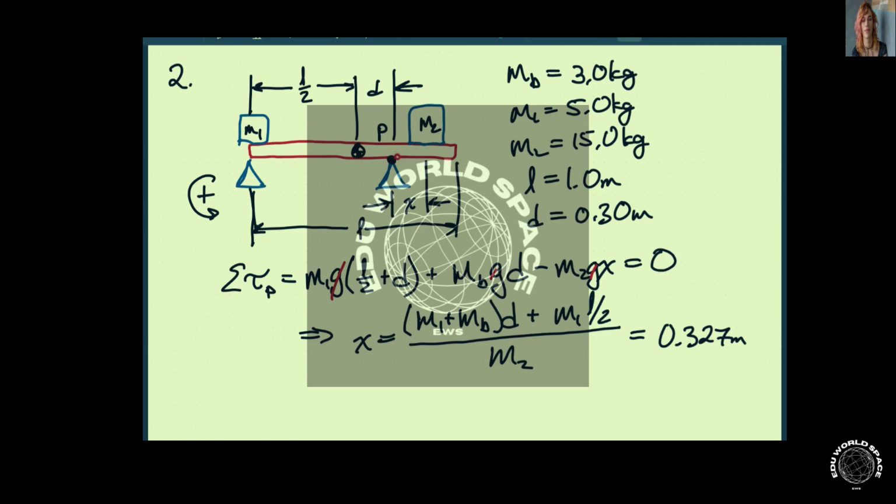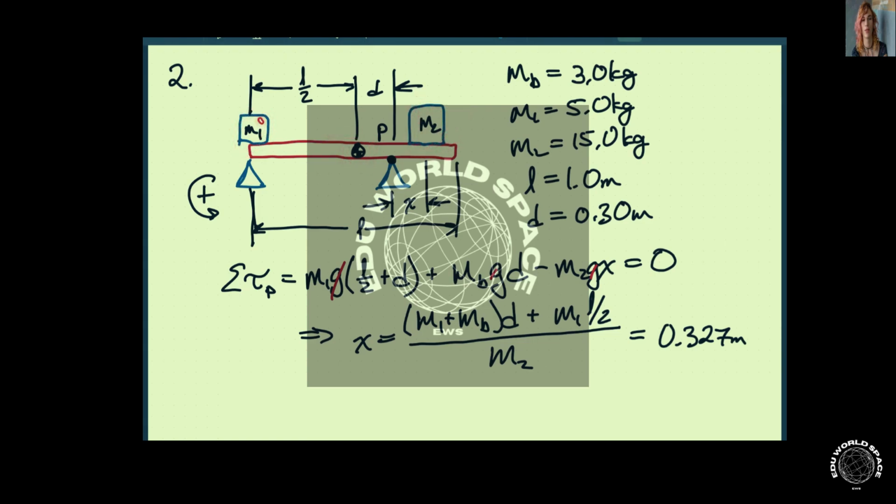So if we take moments about this point, and then take away this support, what we're basically trying to do is balance this bar here. We take away this support because there's going to be no reaction force here. So the forces generating moments are the weight of each object.